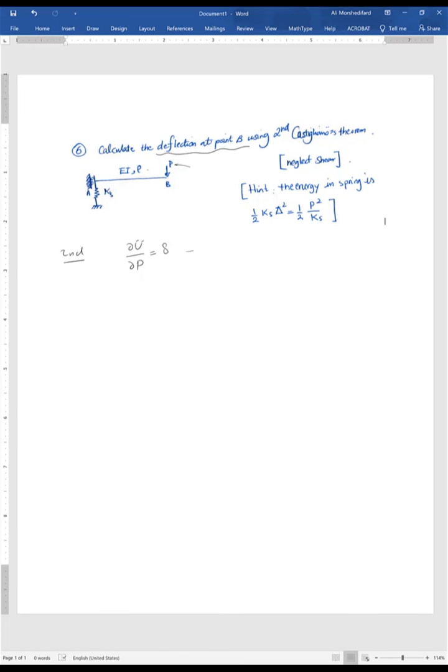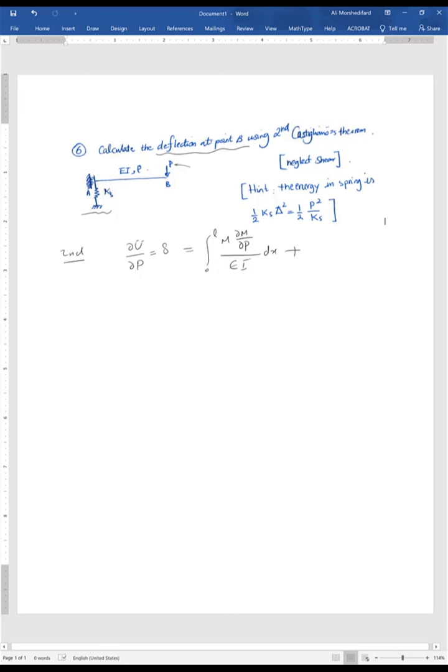But we know that this is equal to the integral from 0 to L of M partial M over partial P over EI dx plus the contribution of this spring. Remember that this is not directly the energy, right?